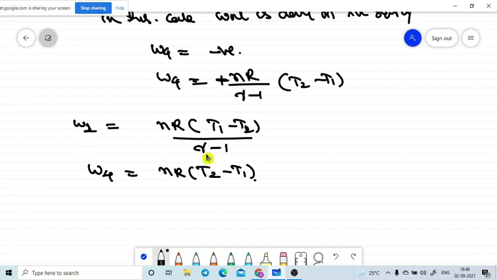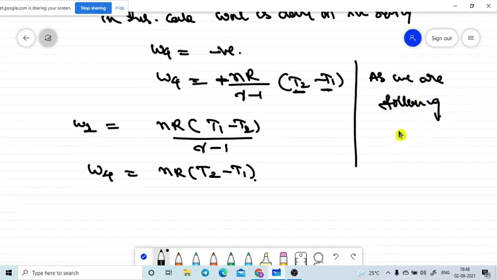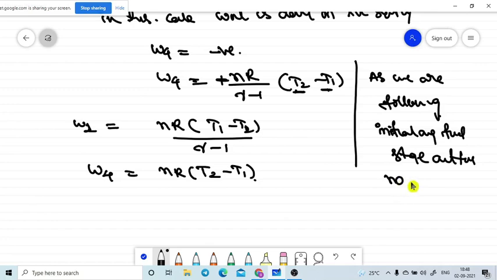No, don't use this negative sign. As we are following the convention, the T1 and T2 temperatures, or initial stage and final stage, we are using, don't use this negative sign. As we are following initial and final stage conditions, no need to take the negative sign.